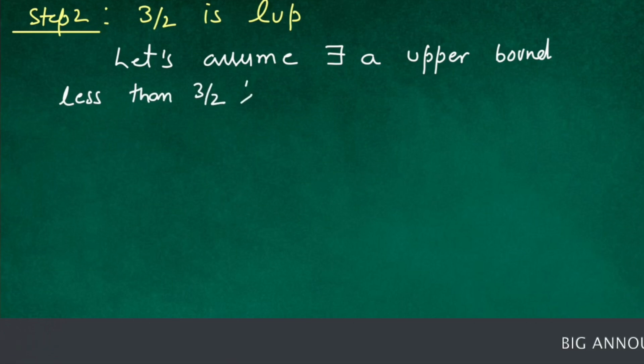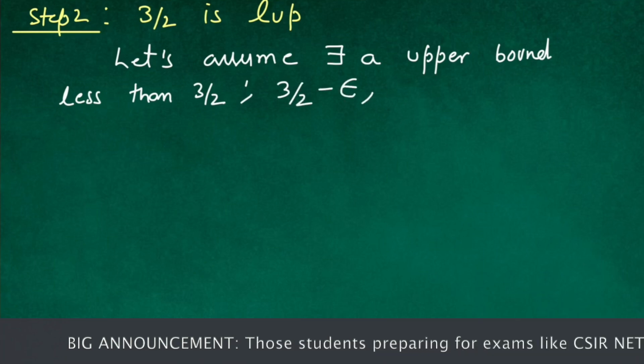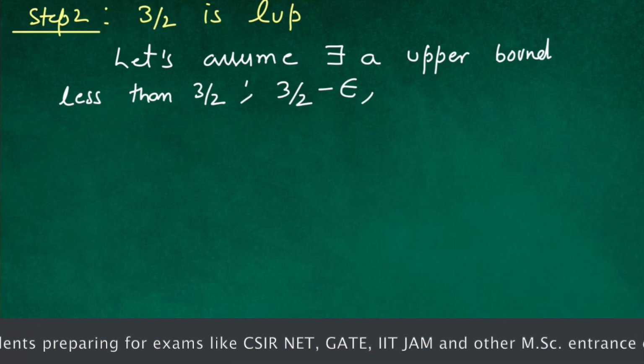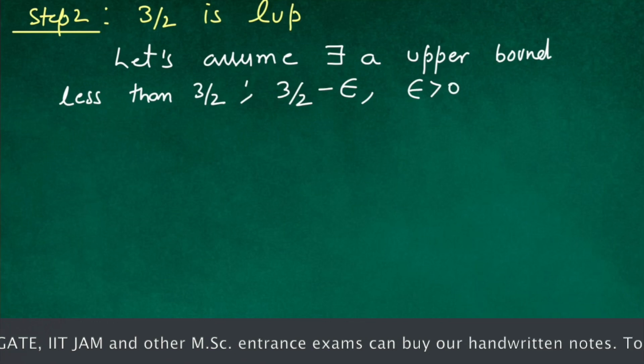Suppose that upper bound is 3 by 2 minus epsilon. Obviously this quantity will be less than 3 by 2 because we are subtracting some positive quantity from this value 3 by 2.